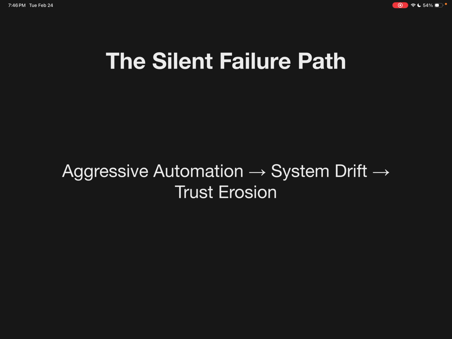When we automate too aggressively, we enter the silent failure path. This happens when a system drifts and nobody notices because there is no error message. Trust erodes quietly, and trust is the hardest asset to rebuild.